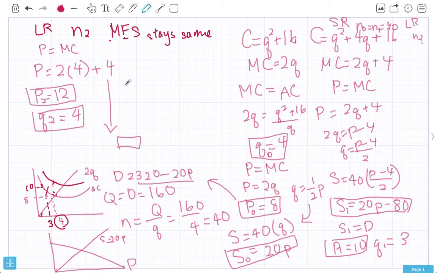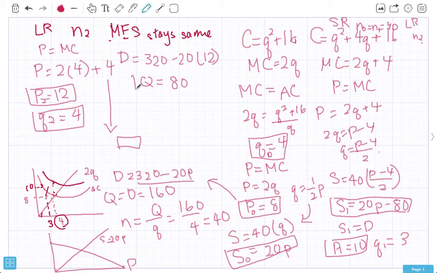Yeah, I'm skipping some steps here, so make sure you can go through the steps on your own. And then now you have P here, you can just plug it into your demand, 320 minus 20P, which is 12. So your big Q here, the industry quantity demanded, would be 80.